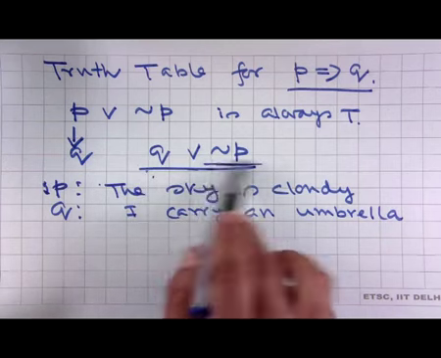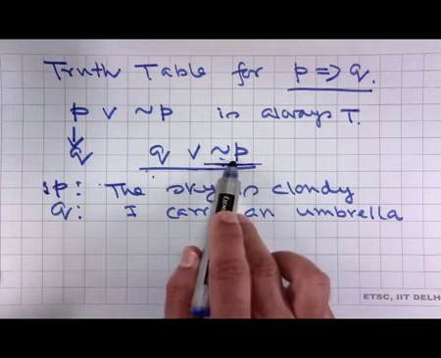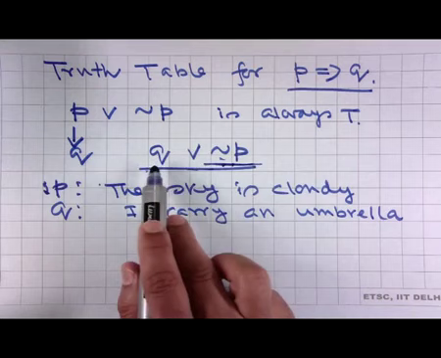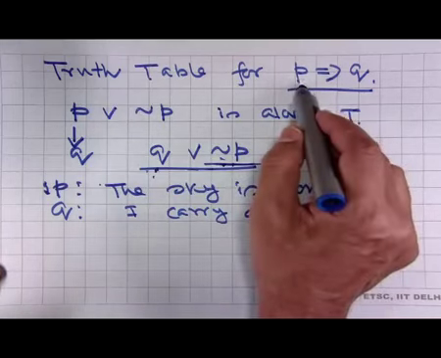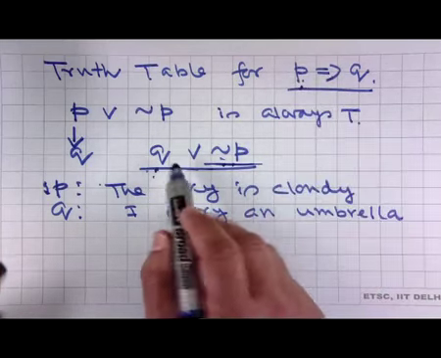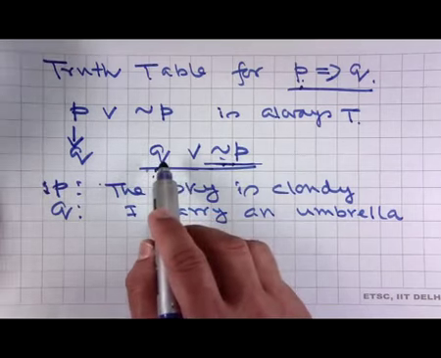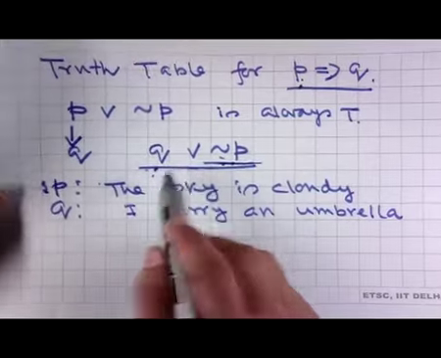Either the sky is not cloudy, negation of P, or I am carrying an umbrella, or Q. So, if we consider the truth values of P implies Q, it is sometimes easier to look at from Q or not P, or not P or Q.